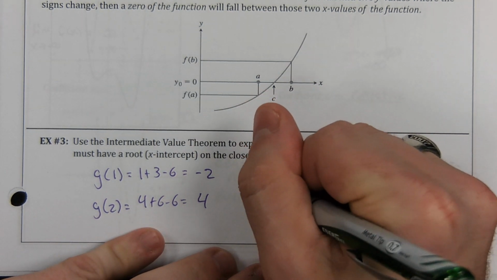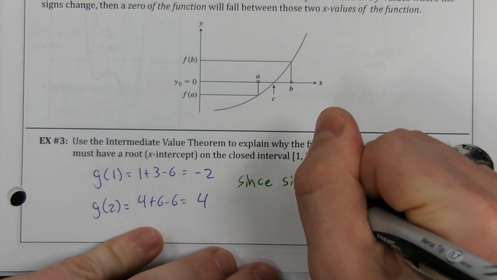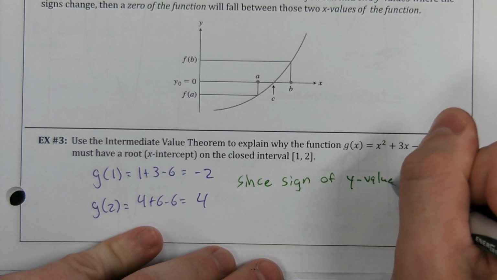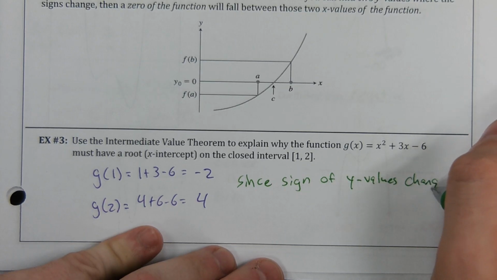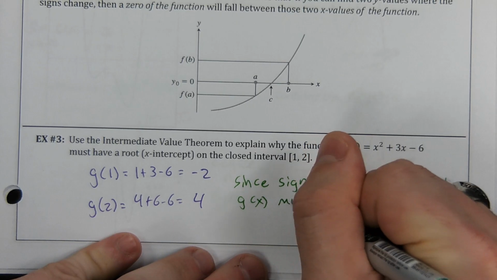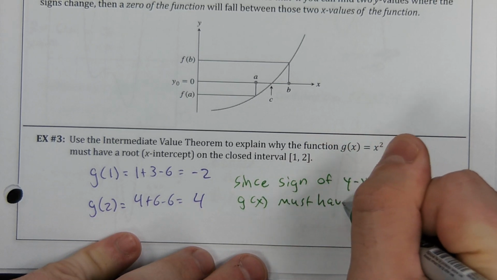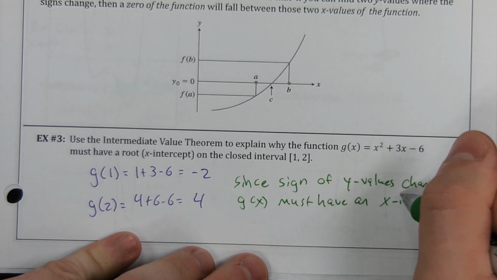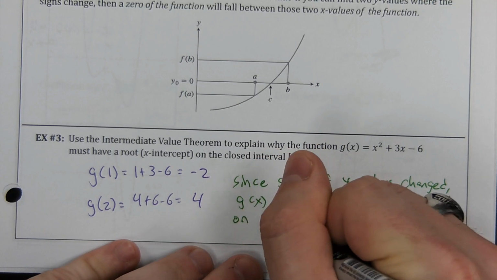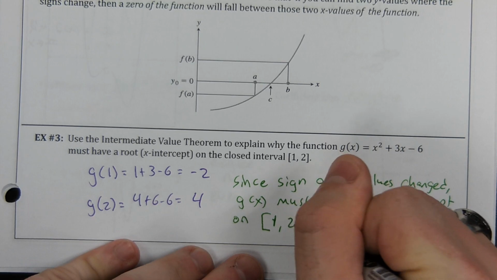So you could say, since the sign of the y values changed, g of x must have an x-intercept on 1 to 2.